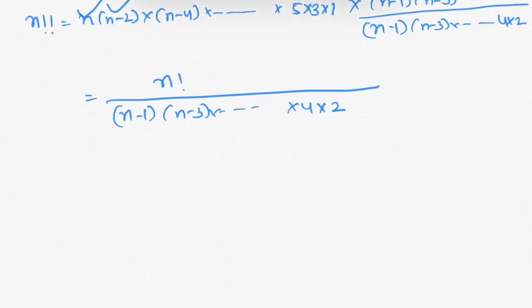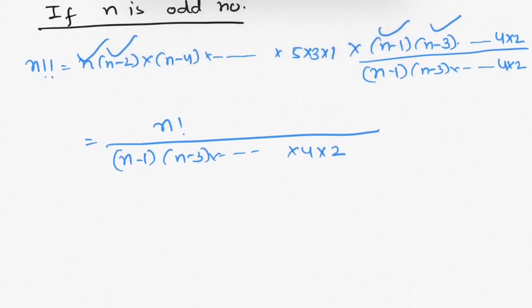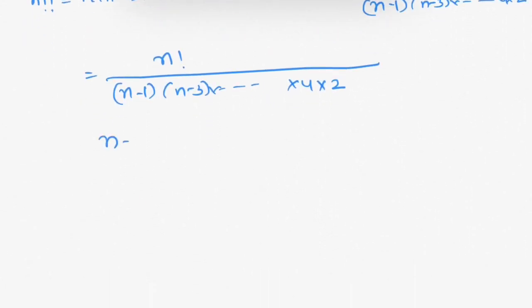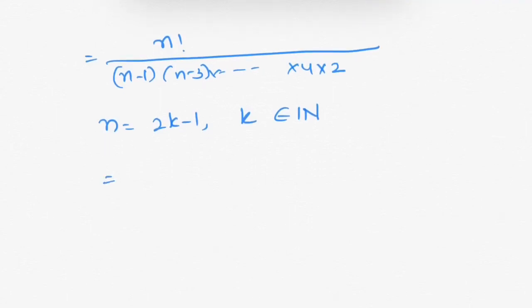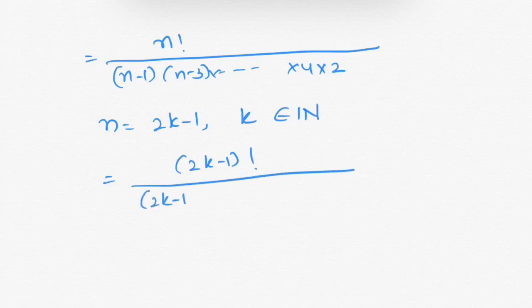Since n is an odd number here, I can write n as 2k minus 1, where k is some natural number. So putting n equals 2k minus 1, we have 2k minus 1 factorial. The denominator will be 2k minus 1 into 2k minus 1 minus 3 and so on, 4 into 2.